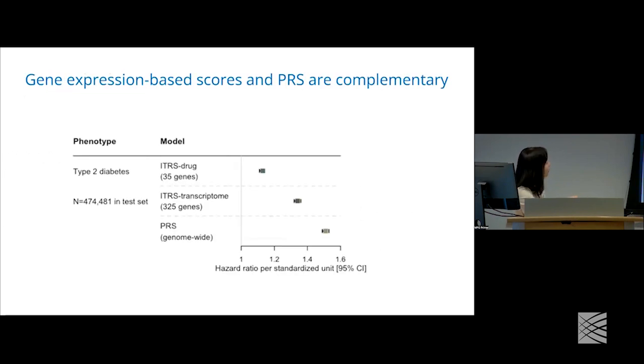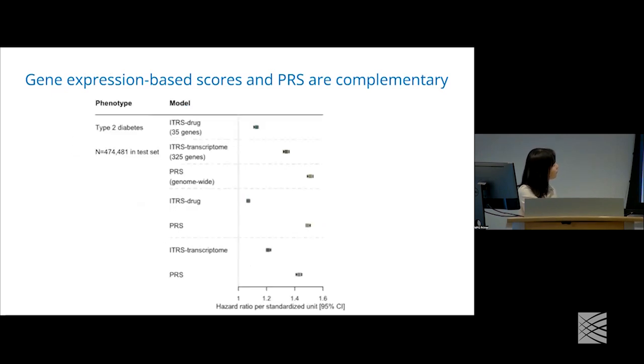In the validation data set, we observe that gene expression-based risk scores and polygenic risk scores are complementary. Here is an example from the type 2 diabetes analysis. If we put the gene expression risk score in its individual model, it is significantly associated with type 2 diabetes risk. And the same for the genome-wide polygenic risk.